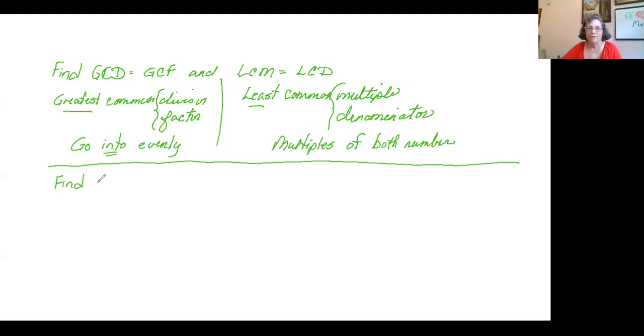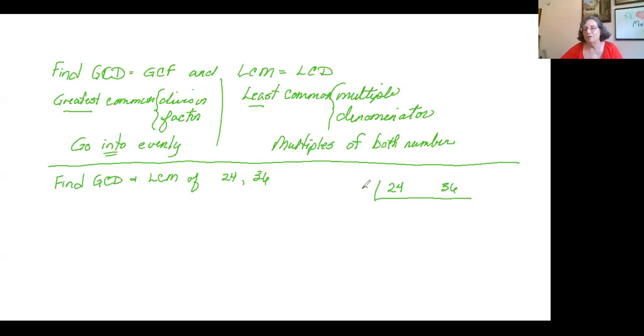If they want us to find the greatest common divisor and the least common multiple of, say, 24 and 36. The way that the student taught me how to do this was to write both numbers in a row, put them in a box like this, and then ask yourself what number will go into both of those.